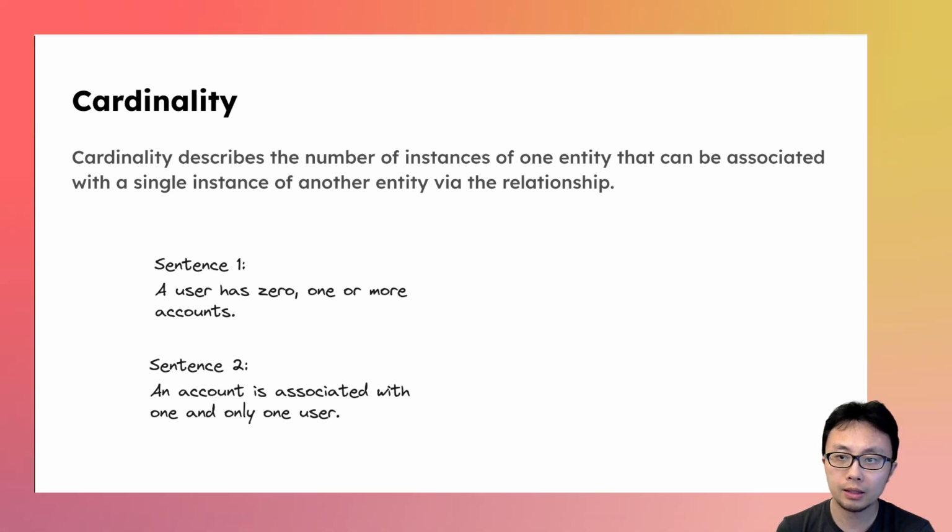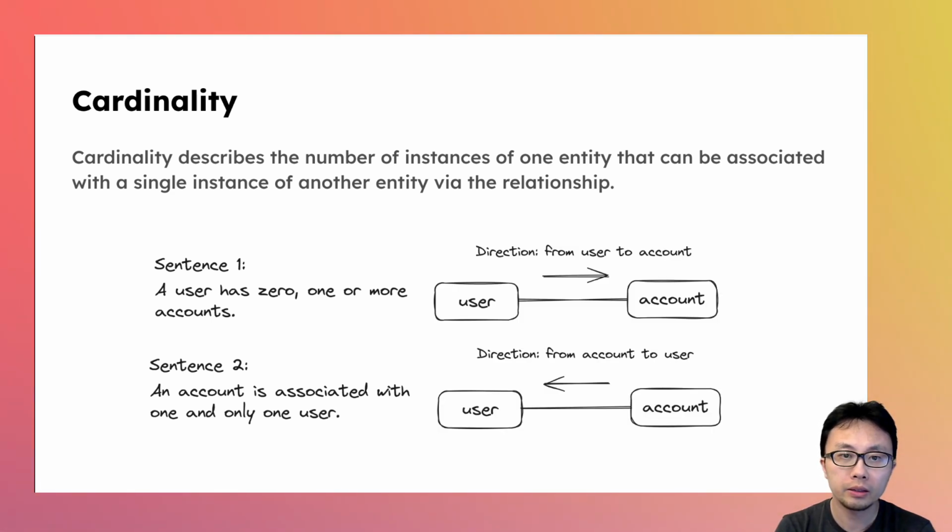Sentence 1 says that a user has 0, 1, or more accounts. Sentence 2 says that an account is associated with one and only one user. Sentence 1 and sentence 2 represent two different directional relationships between user and account. In sentence 1, the direction flows from user to account.